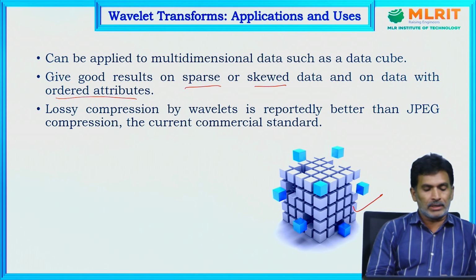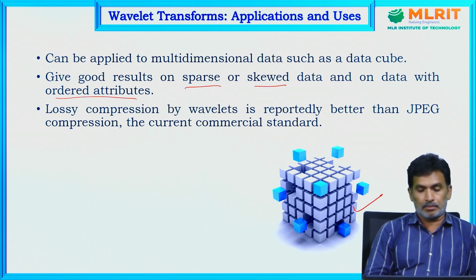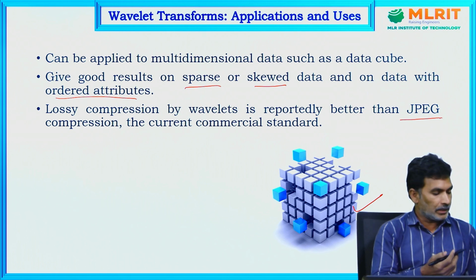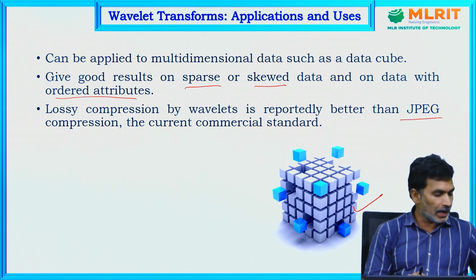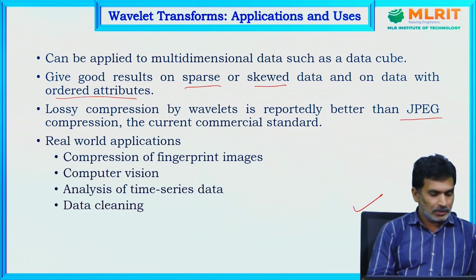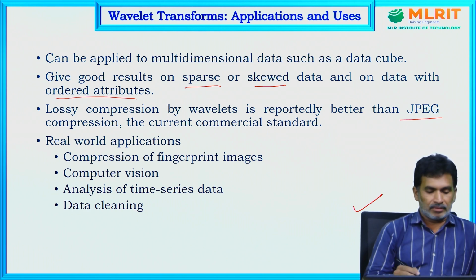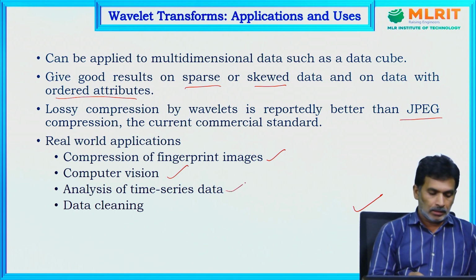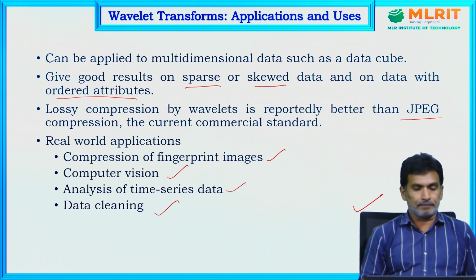Lossy compression by wavelets is reportedly better than JPEG compression, the current commercial standard. There are real world applications of wavelet transforms, like compression of fingerprint images, computer vision, analysis of time series data, and data cleaning.